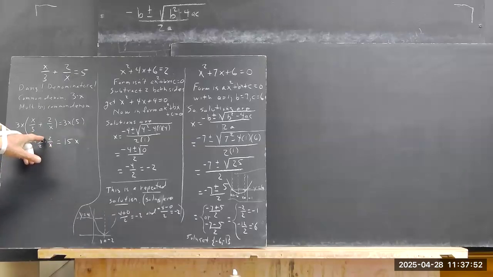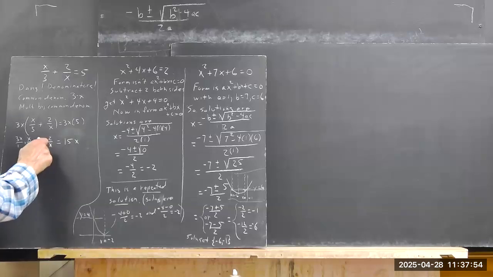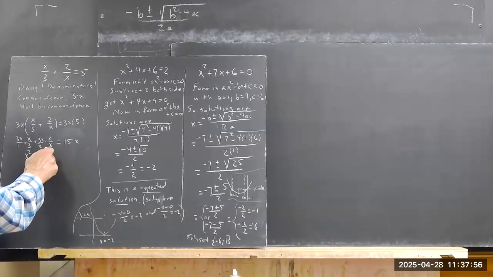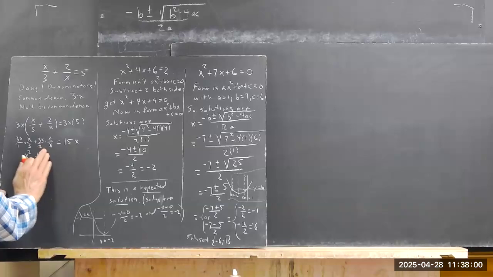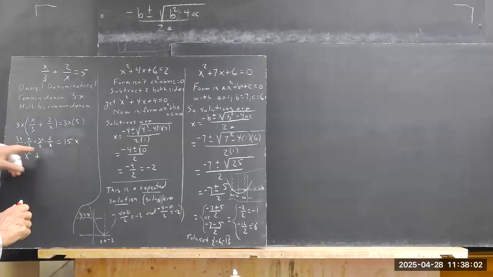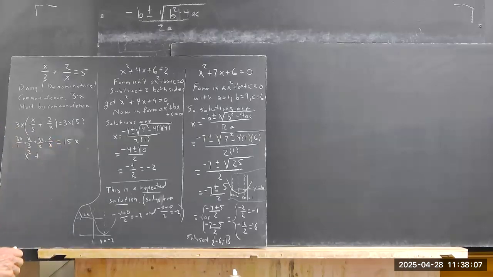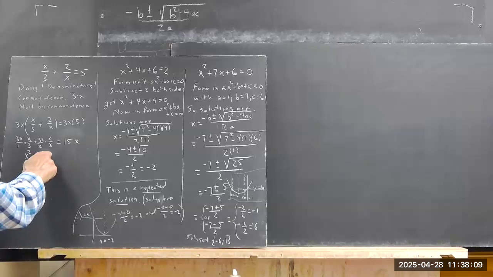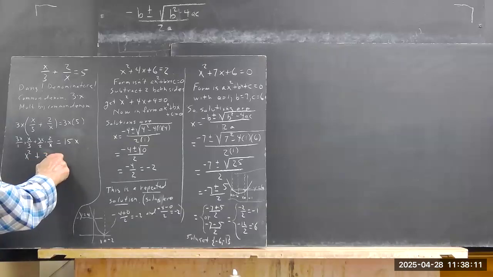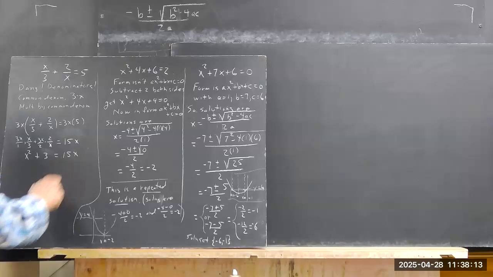This x will divide this x, leaving us 3 times 2. This 2 will also divide this 2, right? That just leaves us 3 equals 15x. Okay?